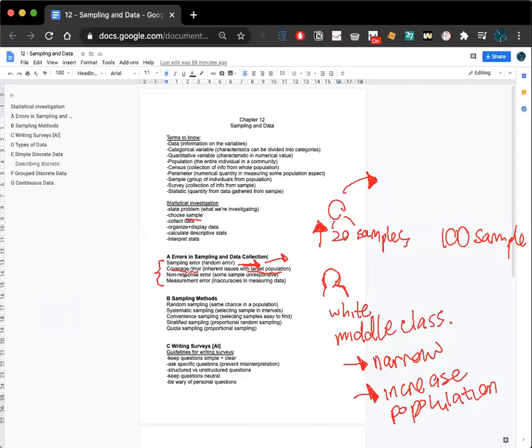And then next up, we have non-response error. Non-response error is when some samples are unresponsive because of certain conditions. This can be represented by the example of when you're doing surveys online. The thing with doing surveys online is that it's only most accessible for people who are well versed with technology, for example millennials and the generation Zs.